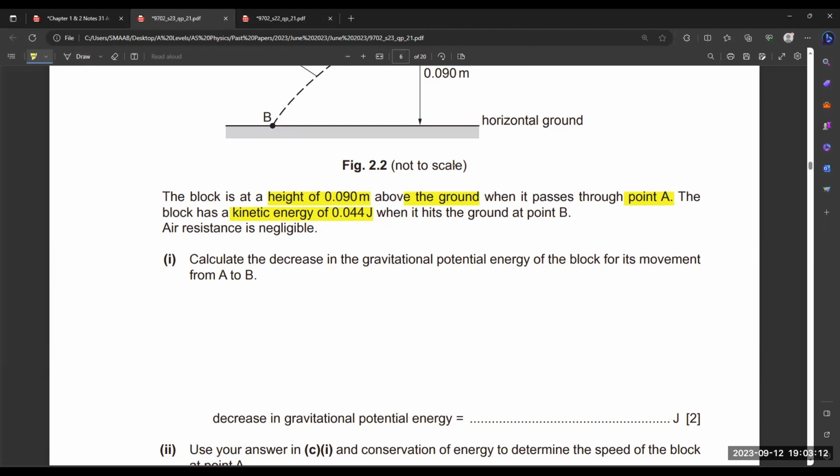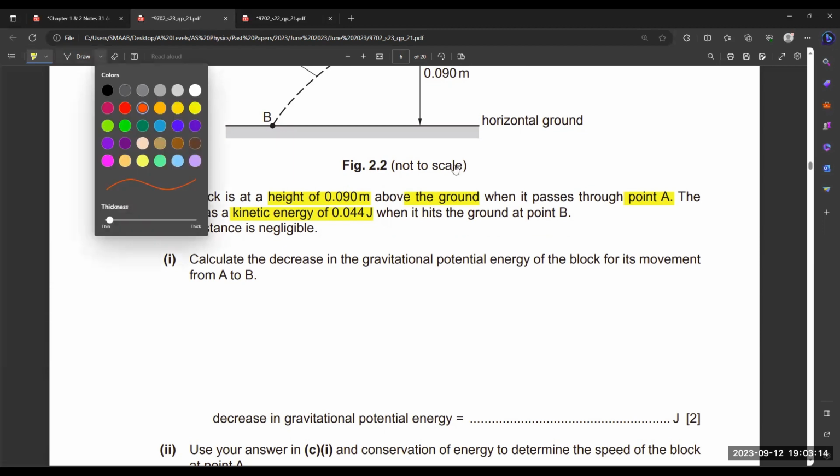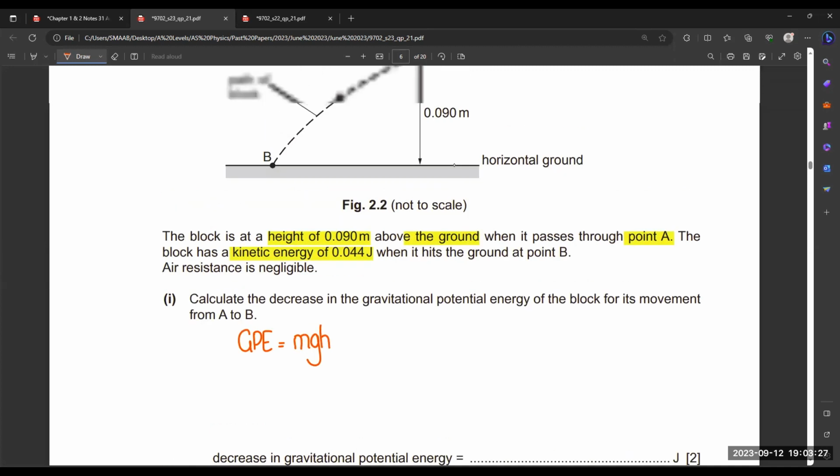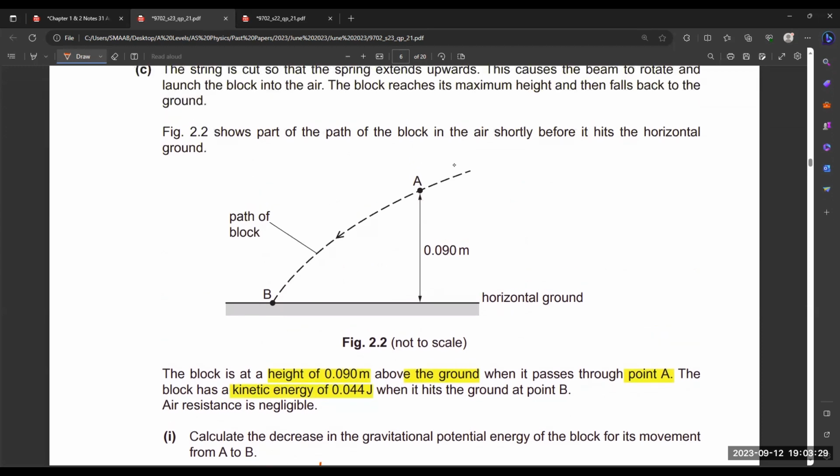Okay, so what we're going to do is energy equals mgh. They already gave us the weight of the body, and weight is the same thing as mg.